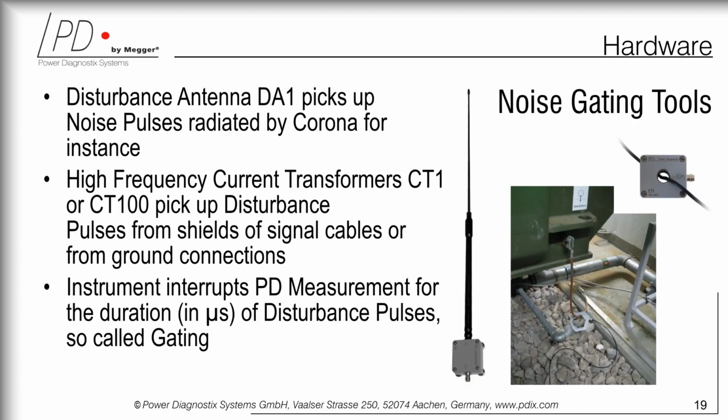The antenna is an exterior antenna that picks up noise pulses radiated, generally speaking, by corona. They are high frequency current transformers, CP1 type or CP100, picking up disturbance pulses from shields of signal cables, or from ground connections.